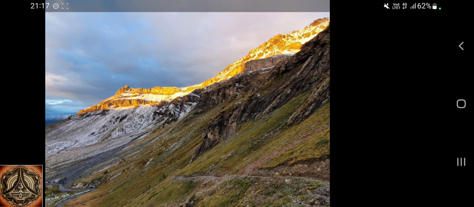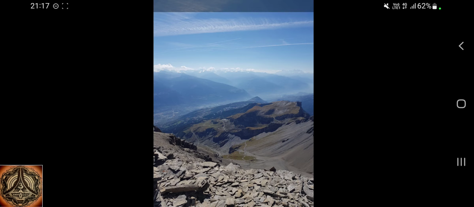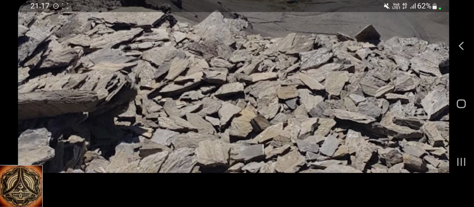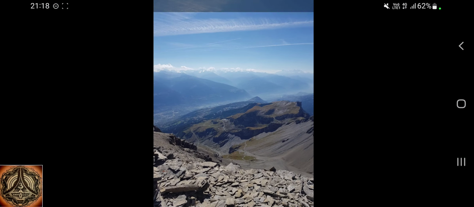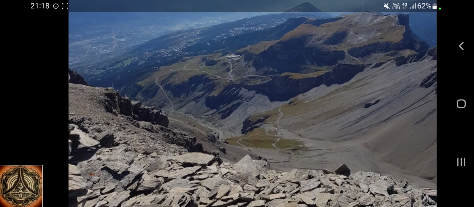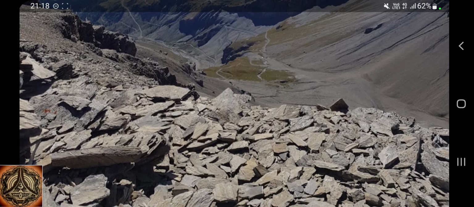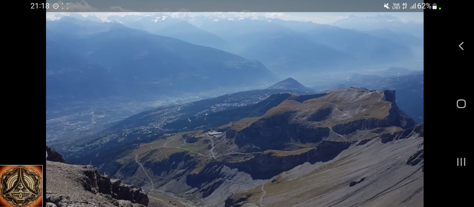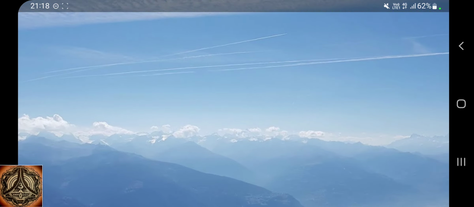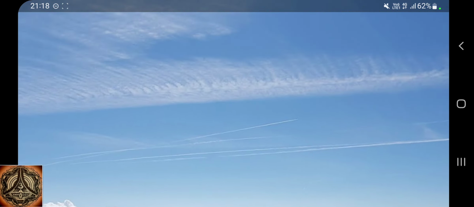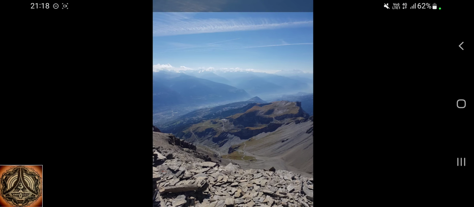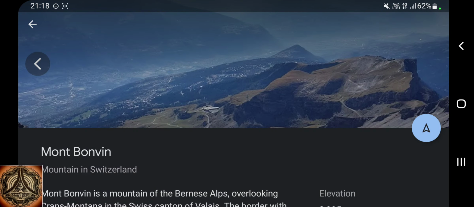Yeah, don't put your finger in front of the camera. Yeah, that's a nice picture. We have scattered rocks and some very nice clouds up here as well. Many airplanes, since we are in the middle of Europe. This was the last picture, obviously.